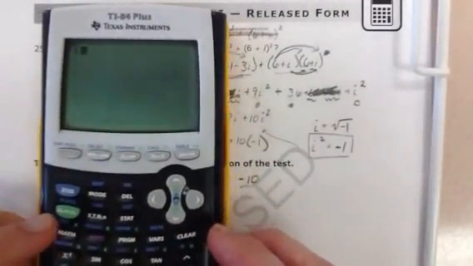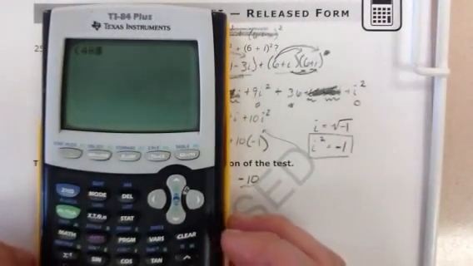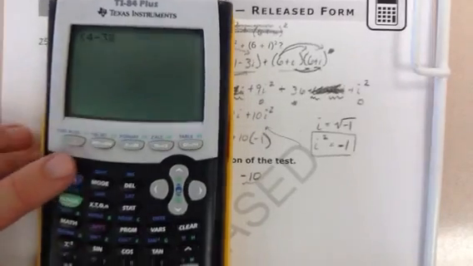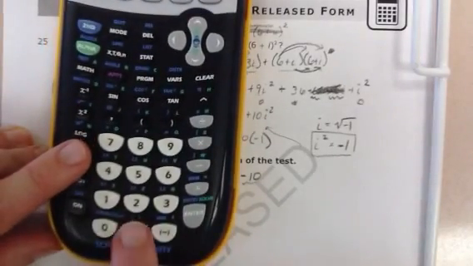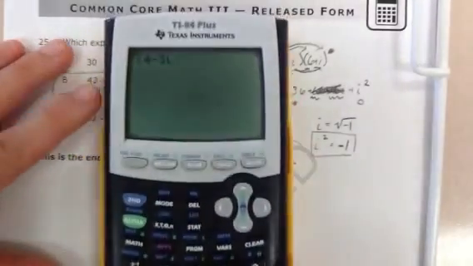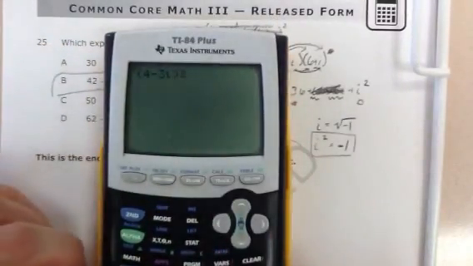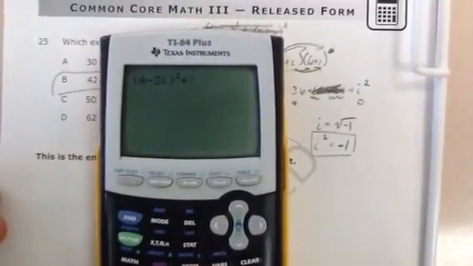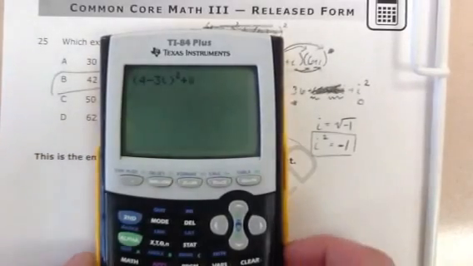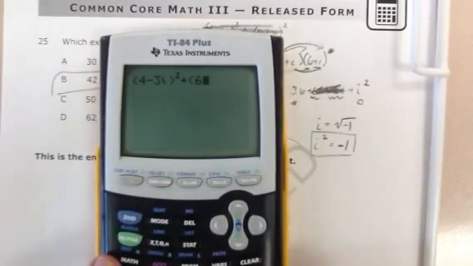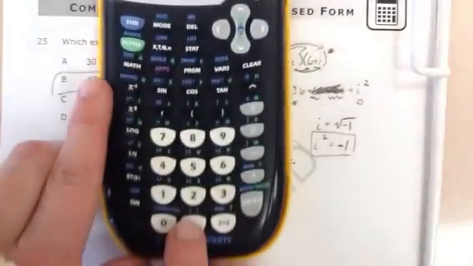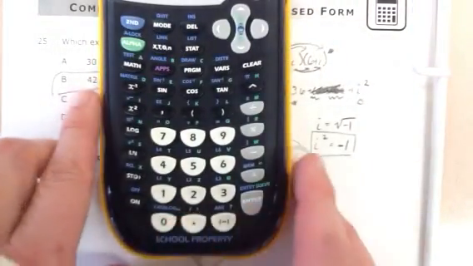parentheses, 4 minus 3, and then you just have to hit the second button and then the decimal, and that gives you the i. See, 4 minus 3i quantity squared plus, plus 6 plus, and again, hit the second and then the decimal down here, and that gives you the i.